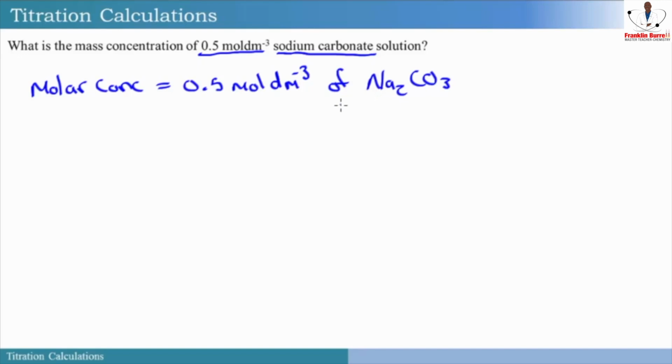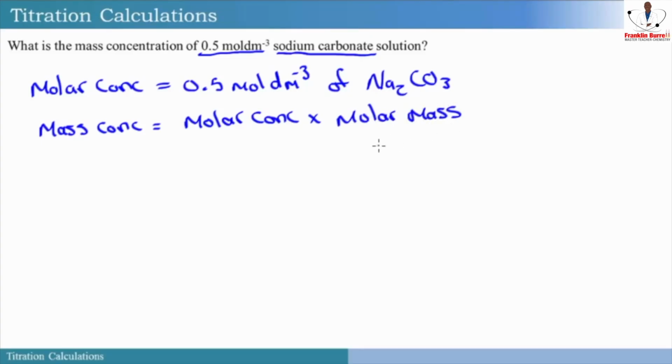Now remember that we must write the correct formula or else our calculations will be incorrect. So since we know that, let us use the relationship mass concentration is equal to molar concentration times molar mass. And we can check this to ensure that it is correct, because grams per dm cube must be equal back to grams per dm cube.